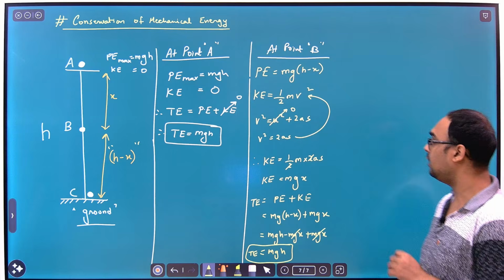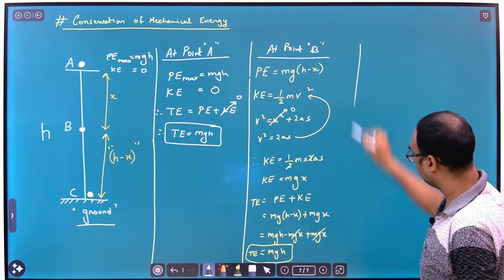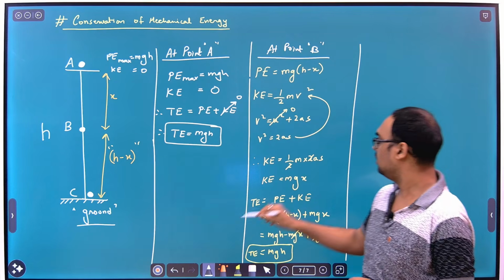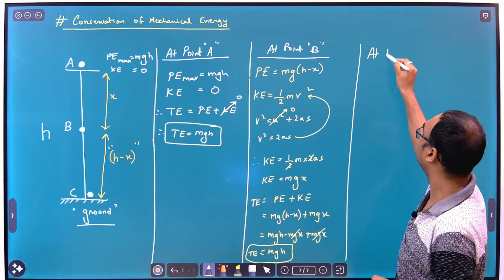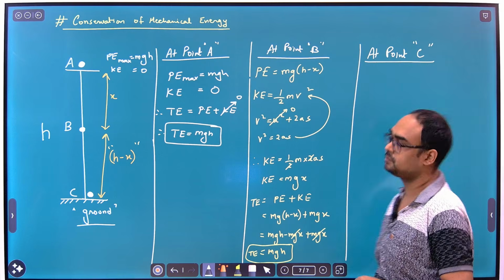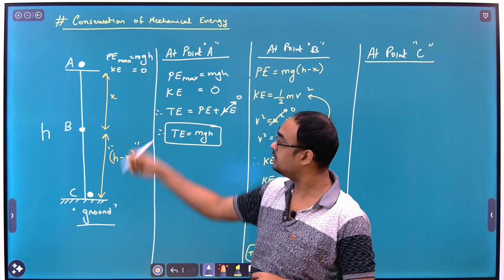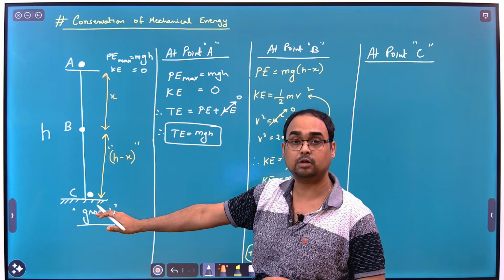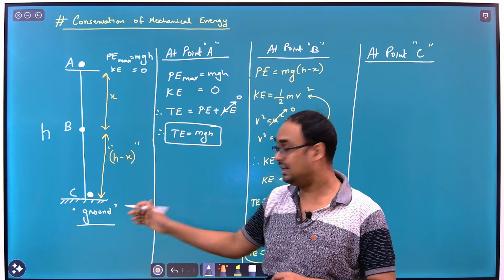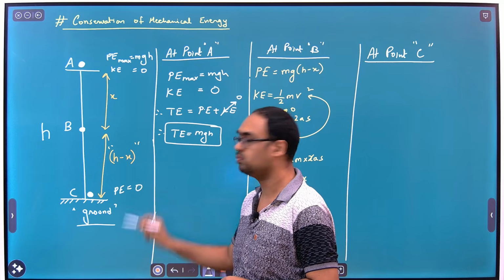Okay, now let's move to the third point, that is at C. When the body is at point C, it has already traveled the complete distance or the height, that is h. At the bottom part, potential energy becomes zero.